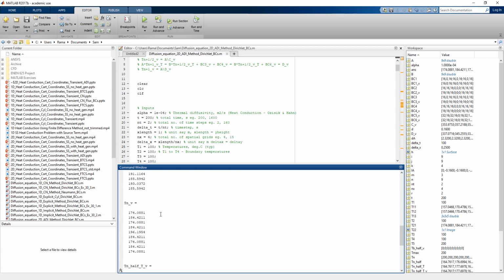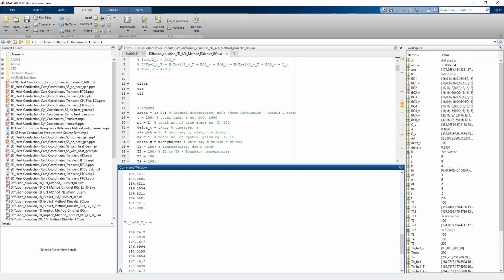For the second half time step, these are the final nodal temperatures. Likewise, the third half time step and the fourth half time step, which represent 150 seconds for the third half and 200 seconds for the fourth half, are shown here.